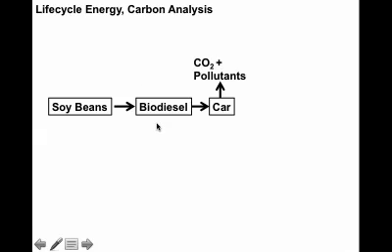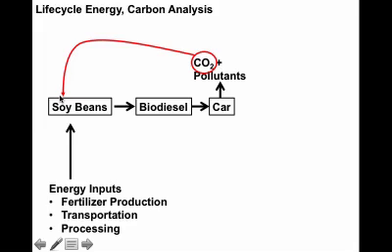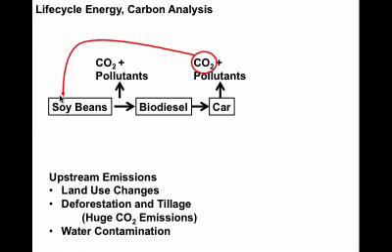And then you think, okay, biodiesel would be a great idea because then the CO2 that we emit goes back into the soybeans. But again, you have all of these processing and upstream emissions that constitute a considerable amount of carbon dioxide. In particular, land use changes, because this ultimately is going to come from deforestation. There was a study done on Indonesian biofuels where they grew palms, and with the palm oil they made biodiesel.